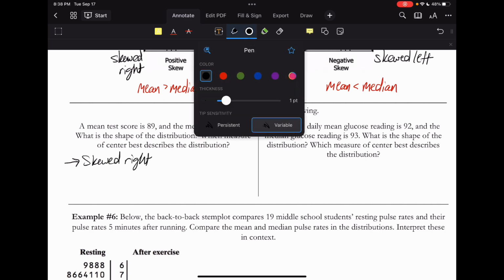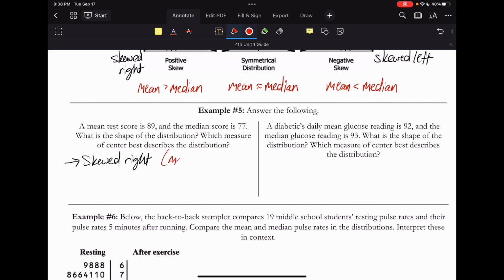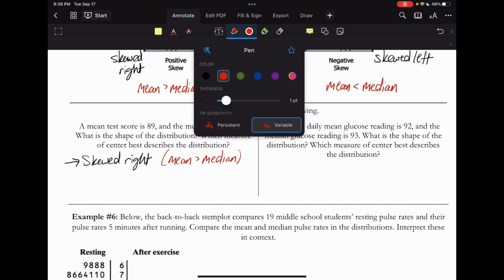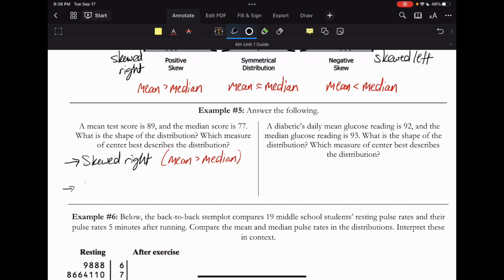And again, the reason is because my mean is larger than my median. And then since I have a skewed distribution to describe the center, we would want to use the median. Because remember, the median is always used to describe a skewed distribution.